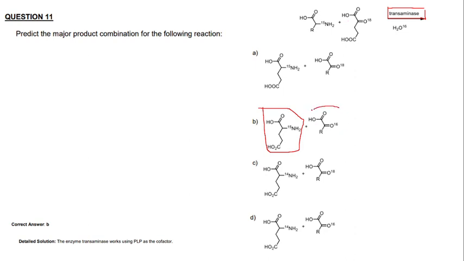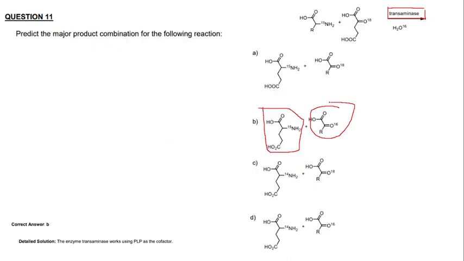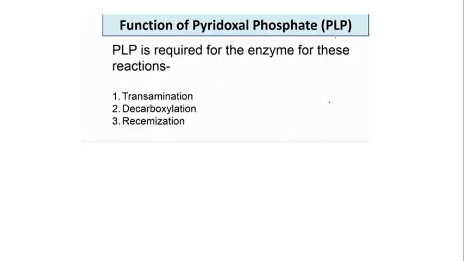So this alpha keto acid is labeled with oxygen. Okay, so this transamination reaction will occur with the help of PLP, the cofactor. Okay, PLP function of pyridoxal phosphate. PLP is pyridoxal phosphate.